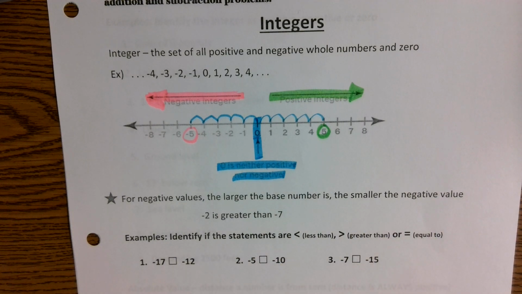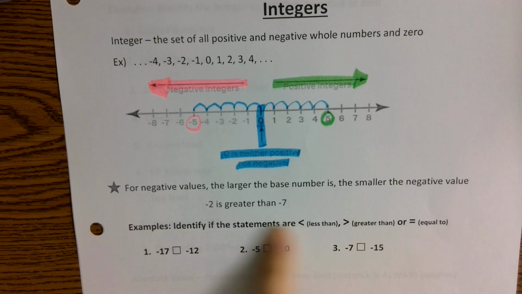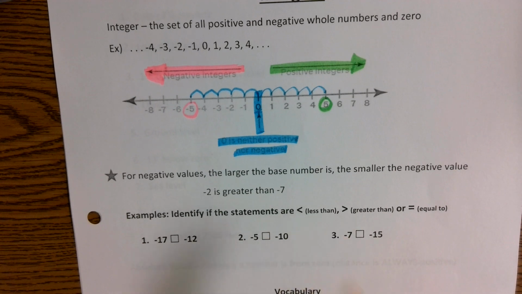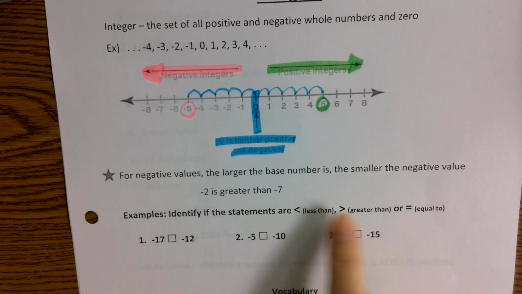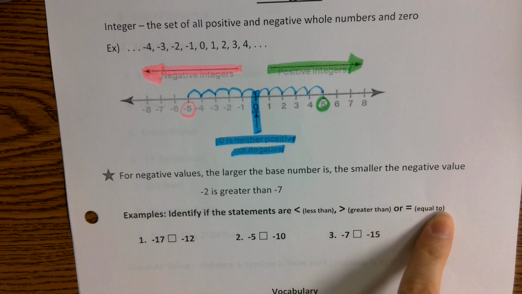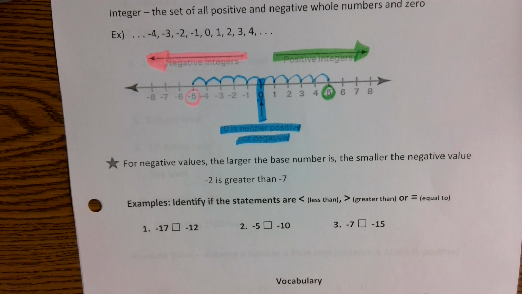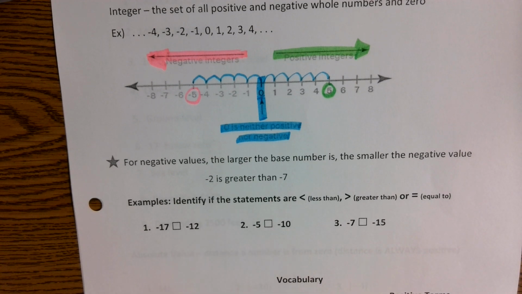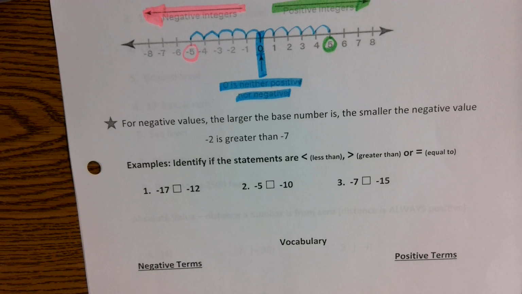So the smaller the base number of a negative value is, the larger that negative value is worth. Okay? So with that in mind, use these symbols. These are your inequality symbols. You've got less than, greater than, and equal to. And I want you to identify these values, these comparisons, as less than, greater than, or equal to. Go ahead and take time to do that on your own, please.